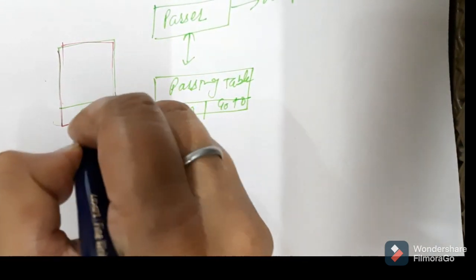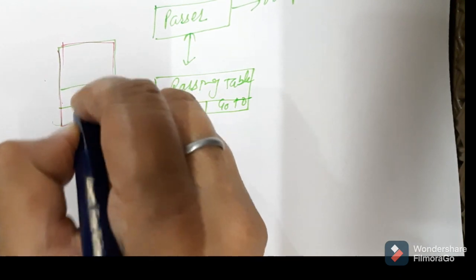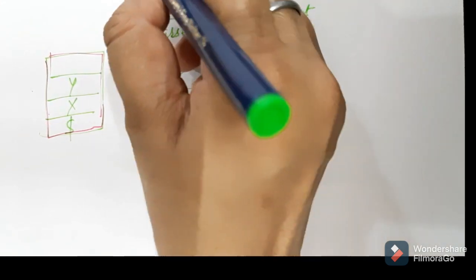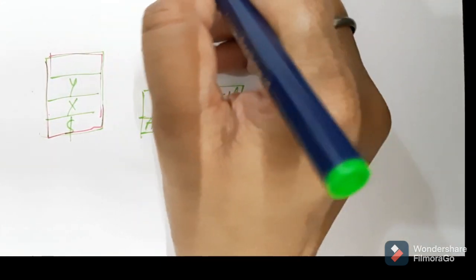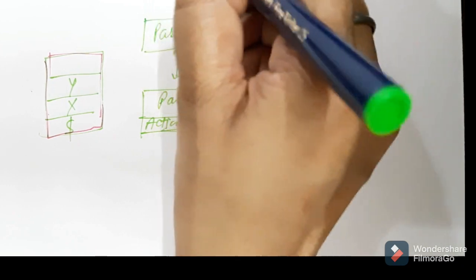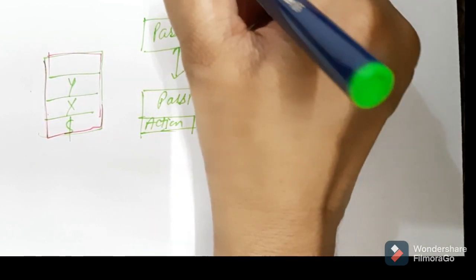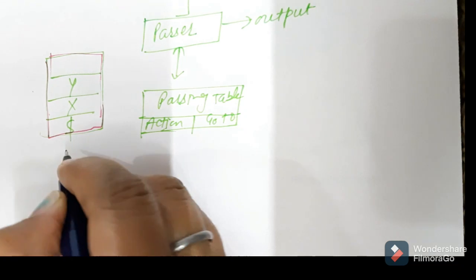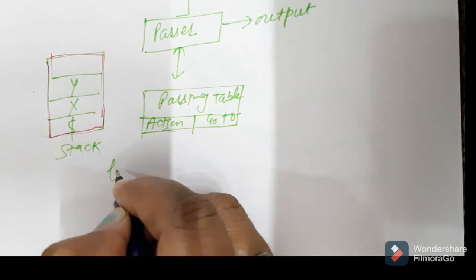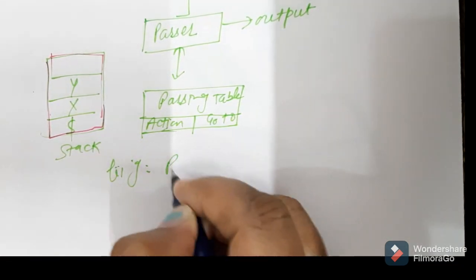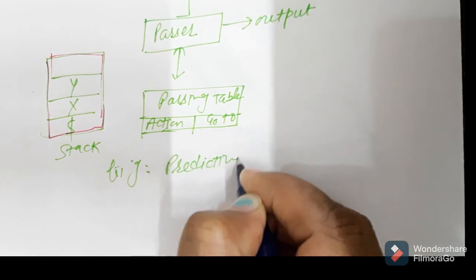With the help of this, parsing takes place. It contains only non-terminal symbols. And this is the input, and this is the stack. And the figure is for predictive parser.